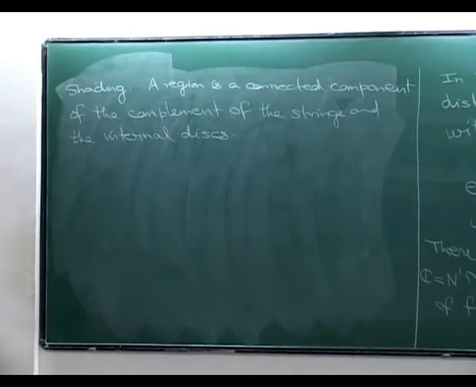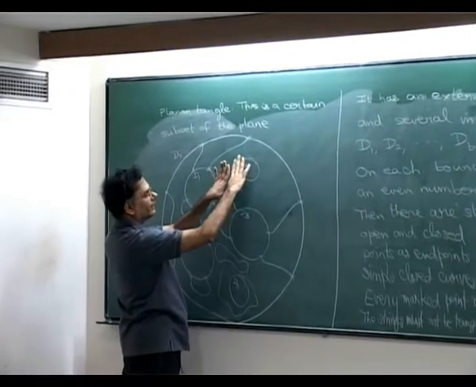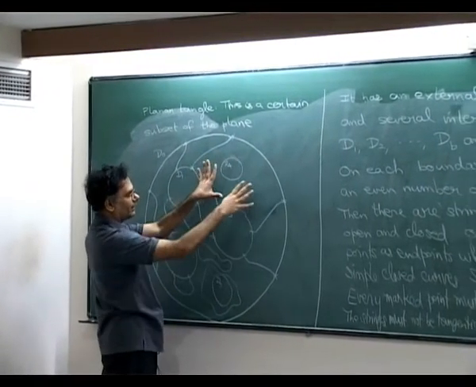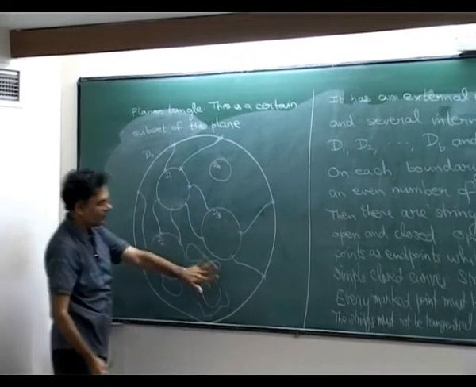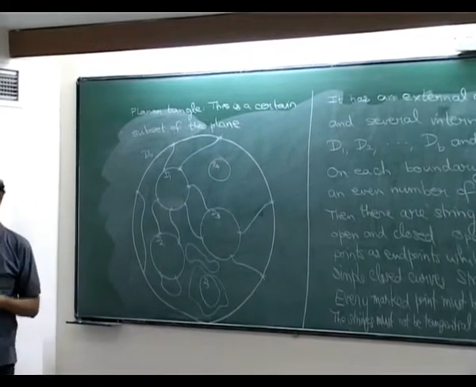So for example, this thing is one region. This thing here, with the exception of this disk, whatever is here is another region. Here's a region. Here's a region. So you can see that there are several regions here.